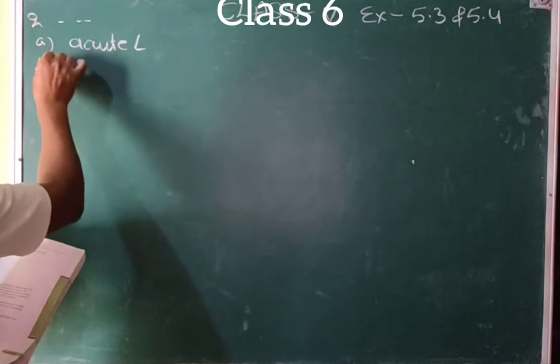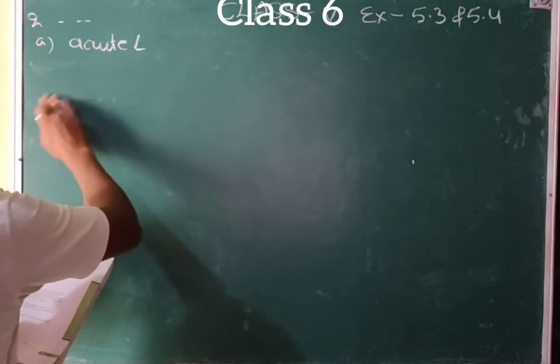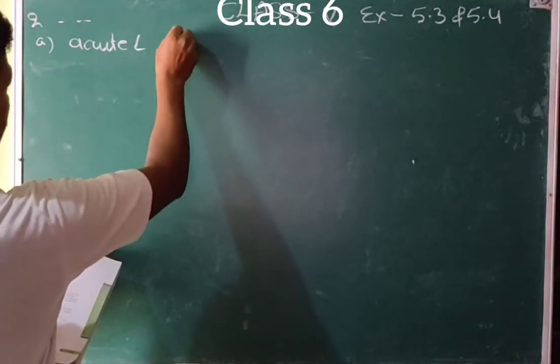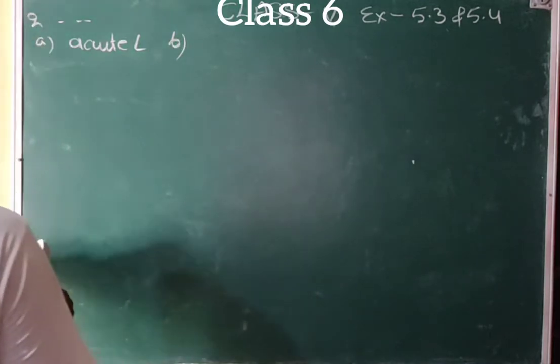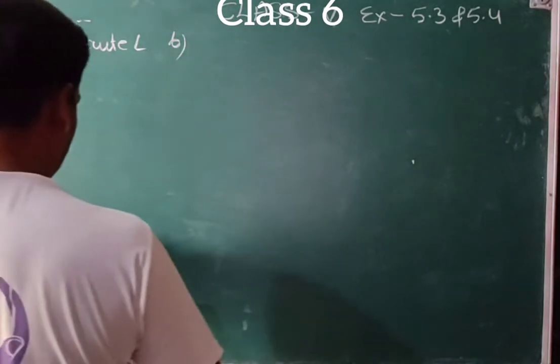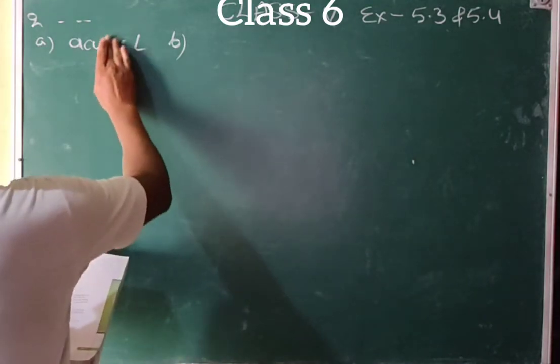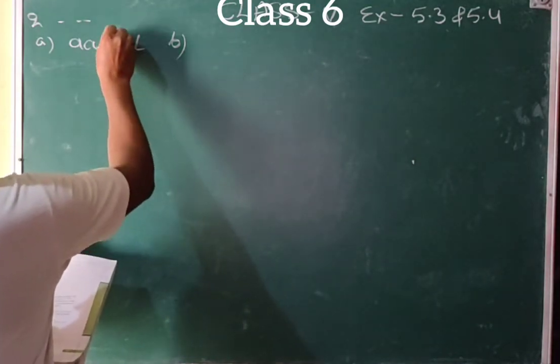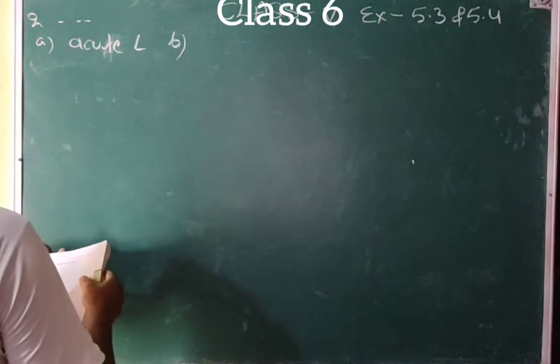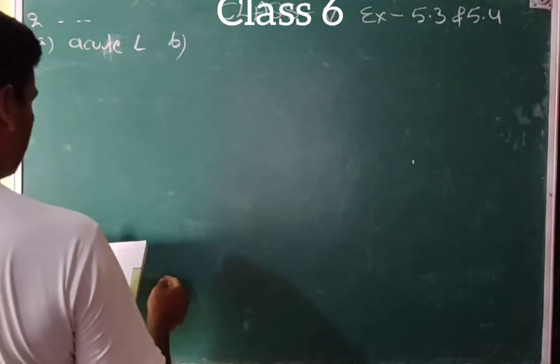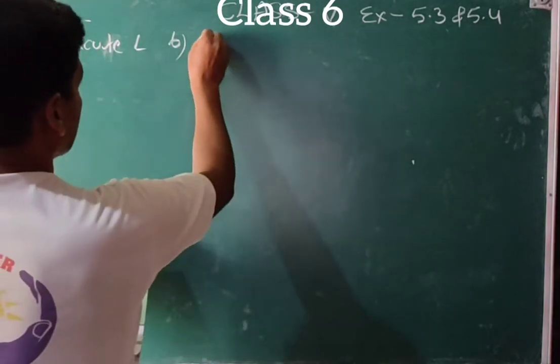And then B, you will be shown the diagram also in your notebook. B is looking more than 90 degrees, so that will be obtuse.